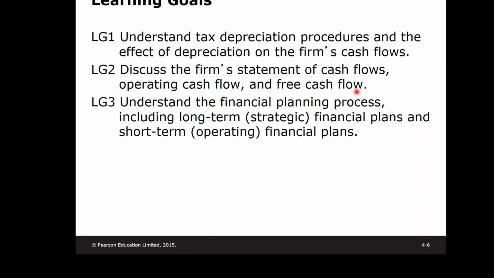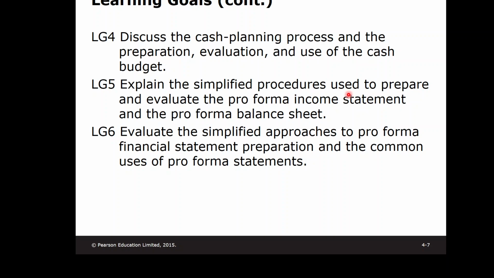Kasi 'di ba listed tsaka unlisted ang mga firms natin. At least pagka listed ka, you can determine the market price per share. That's your indicator. Eh, pagka kasi not listed, free cash flow ang basis, no? Or yung para maalam mo yung NAV, yung net asset value. O yun. So, as I previously discussed, you're going to prepare the cash budget.